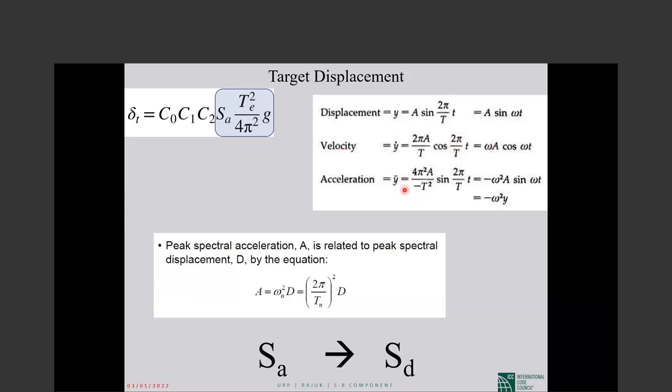And of course, another derivation becomes omega squared times A, and so absolute value, the sign is not important. So the maximum acceleration is omega squared A, velocity is omega A, displacement is A. So for harmonic motion, there is a very nice relation between maximum acceleration, maximum velocity, maximum displacement.